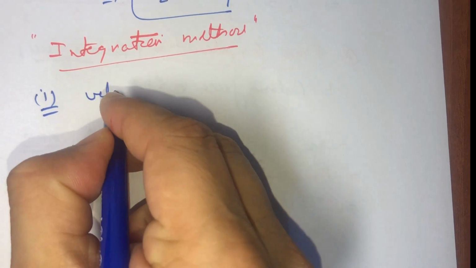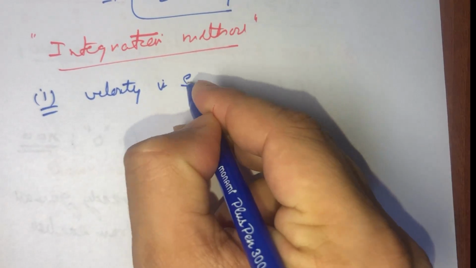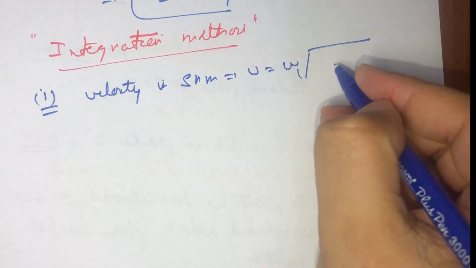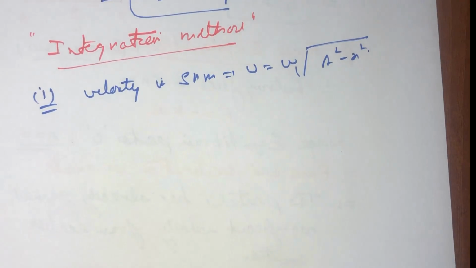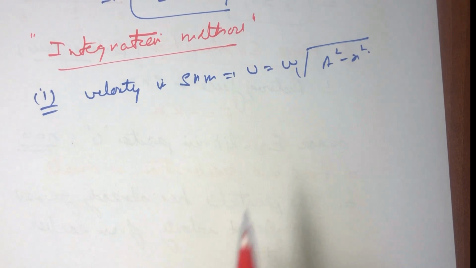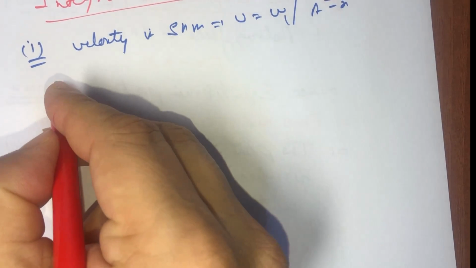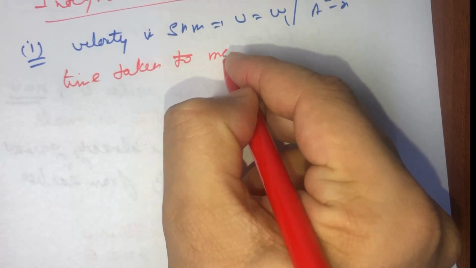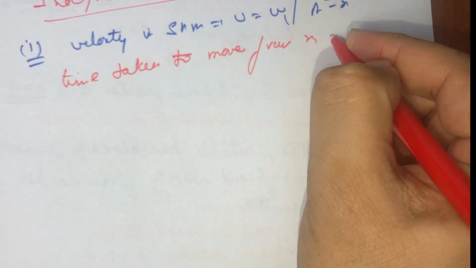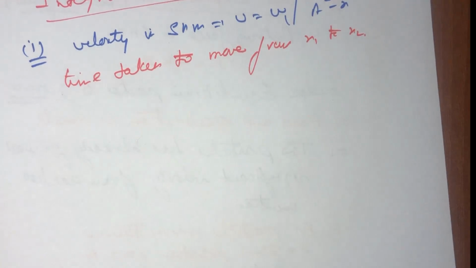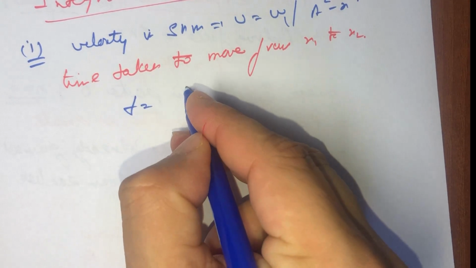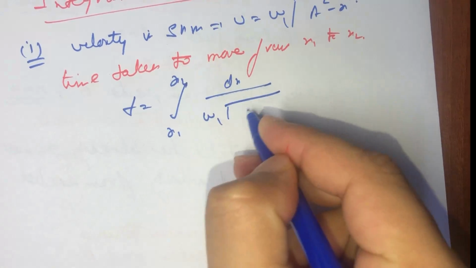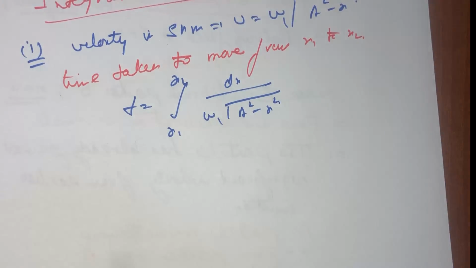We know that velocity in SHM is given as v equal to omega times the square root of a square minus x square. The time taken to move from the x1 position to the x2 position can be written as t equal to the integral from x1 to x2 of dx divided by omega times the square root of a square minus x square.